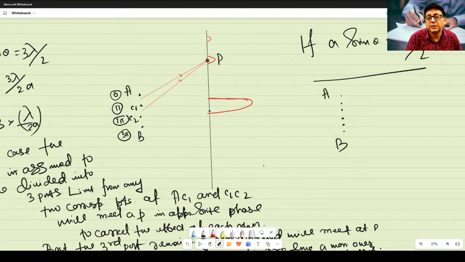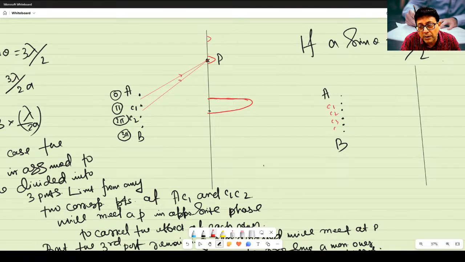It is because on the screen, when the complete wavefront reaches, light from any two corresponding points of AC1 and C1, C2 will meet at the point P in opposite phase to produce minimum over there.